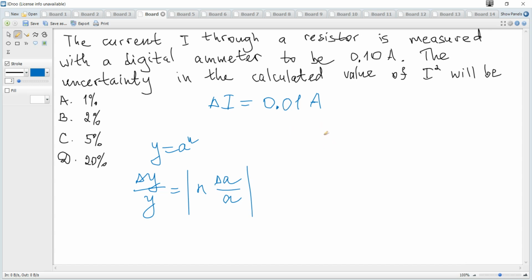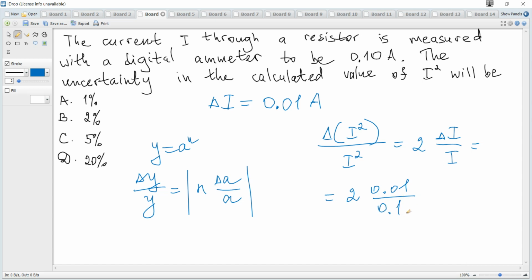So the relative uncertainty in I squared, delta I squared divided by the value, which is I squared, is, according to this rule, 2, because I squared, multiplied by the relative uncertainty in current, so multiplied by delta I over I. It is equal to 2 multiplied by delta I, 0.01, divided by I, which is 0.10, and multiplying numerator and denominator by 10, it becomes 2 multiplied by 0.1, so it becomes 0.2.